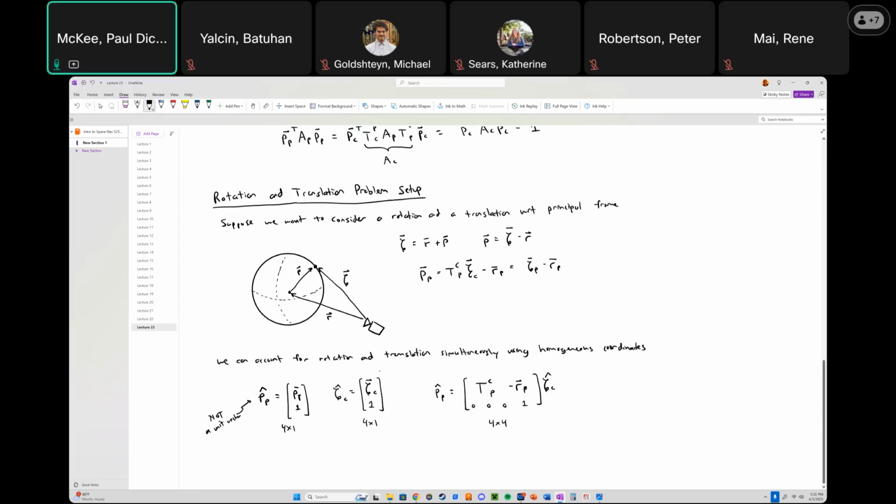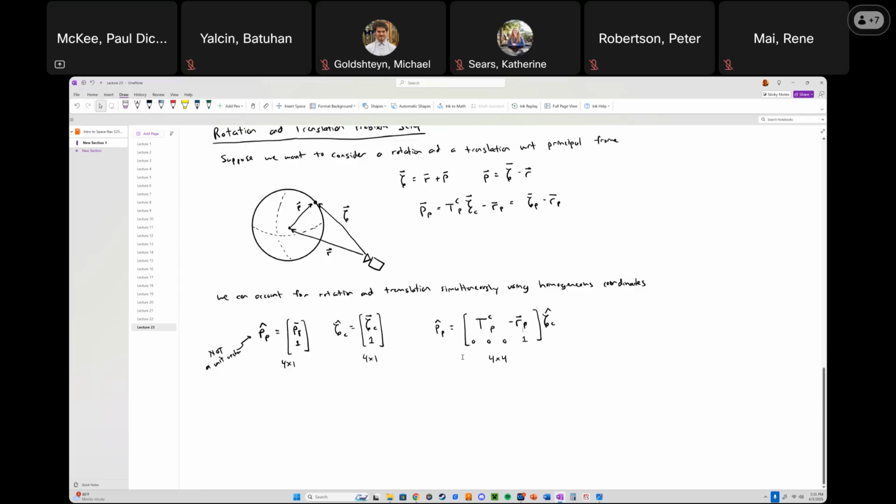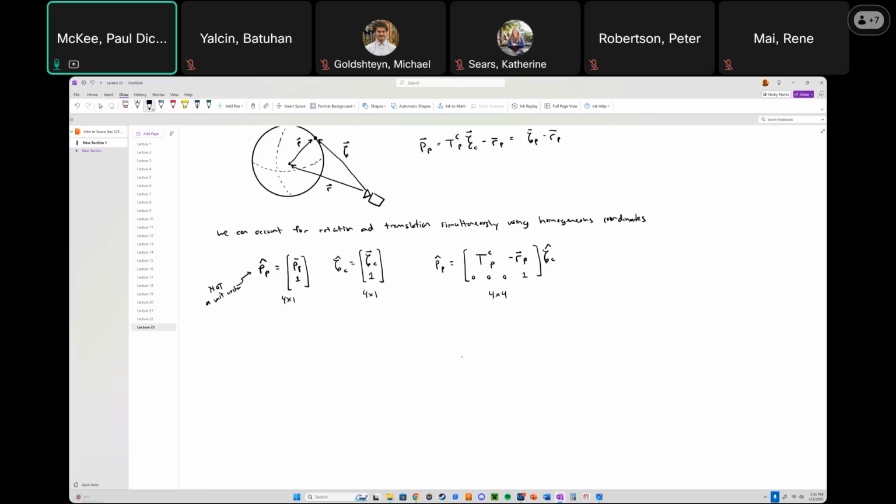Okay. The next bit is called the quadric locus. So we'll say, recall from just a minute ago, this P transpose A_P P is equal to 1.